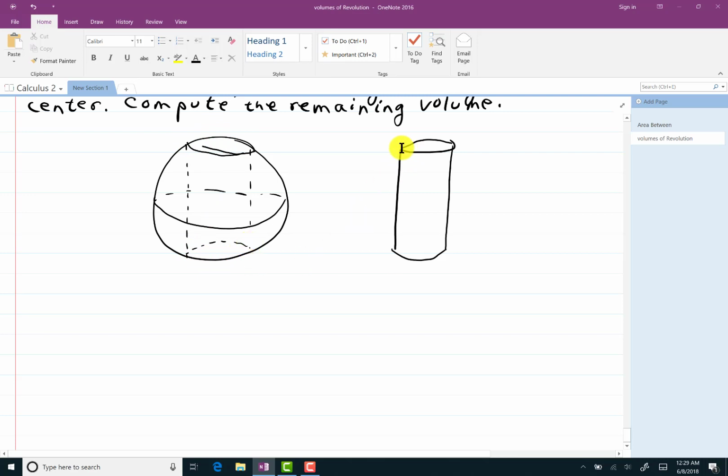This cylinder, if you were to get it right, would have to have a little bit of a top, and this bottom would have to have a little bit of a bottom. I find that very difficult to draw, so it is not a cylinder. So let's make a note of that. Not a cylinder that is drilled out.